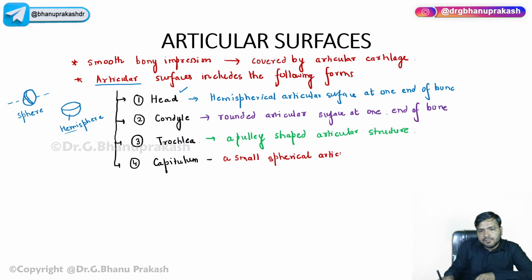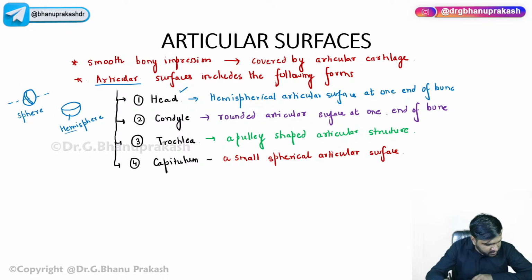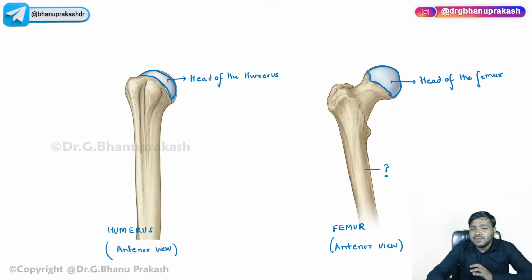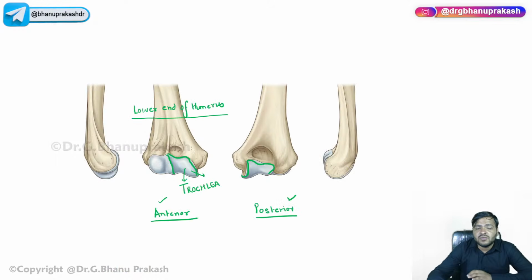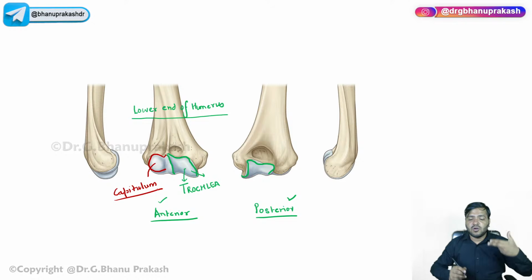It is a very small structure which you can just see over here, just lateral to the trochlea, this rounded structure. This is called the capitulum.